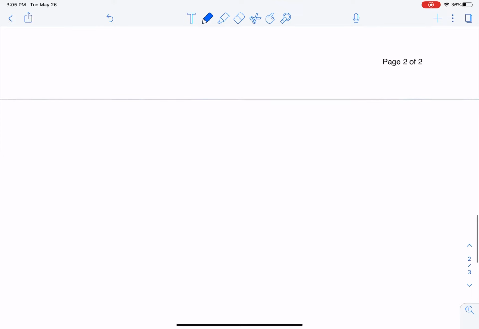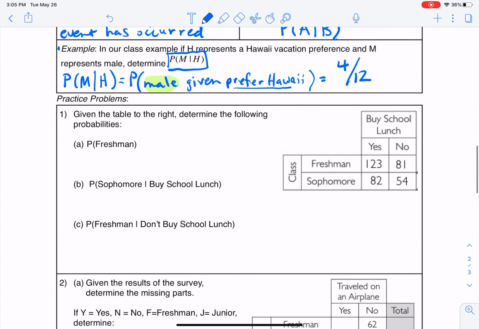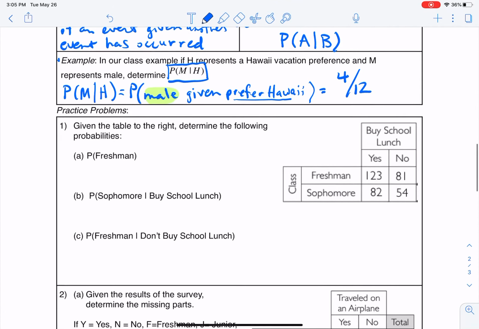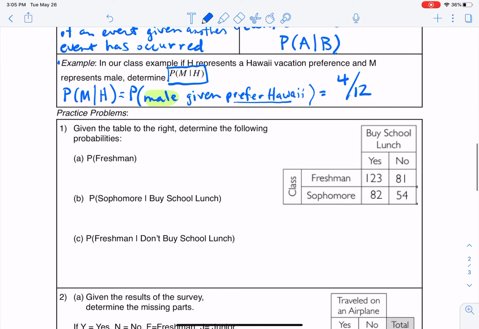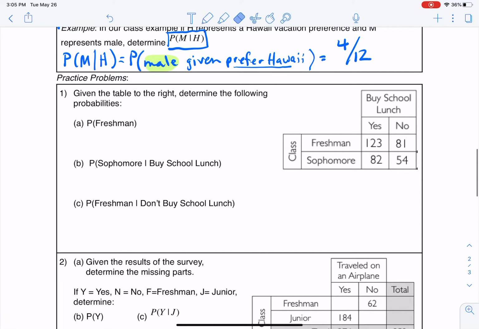Okay, so there's really just two practice problems with this idea. Why don't we just do the first one together? Or at least talk about it. So given the table to the right, determine the following probabilities. For the probability of a student being a freshman, what I would need to do is add up all the freshmen that were surveyed.